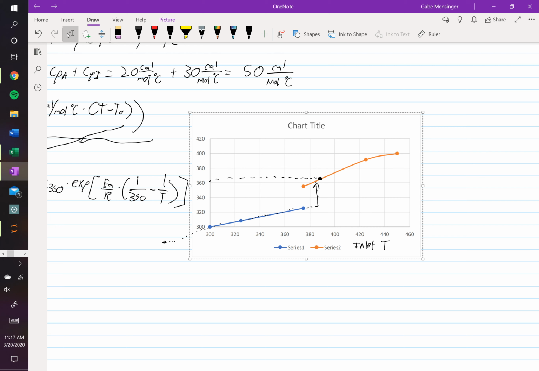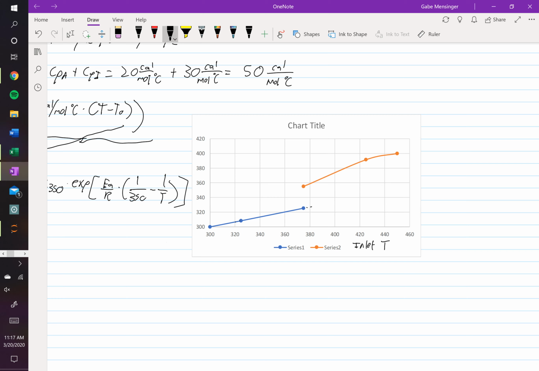let me just erase some stuff. I guess I can show you a little more. So I told you that the answer to part C was going to be between 400 and 425 is where extinction is going to occur.